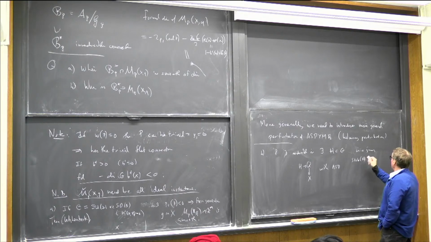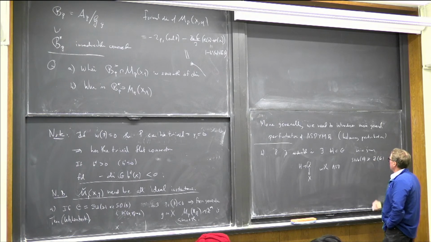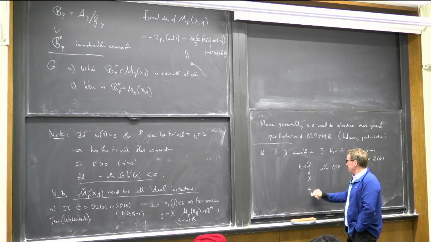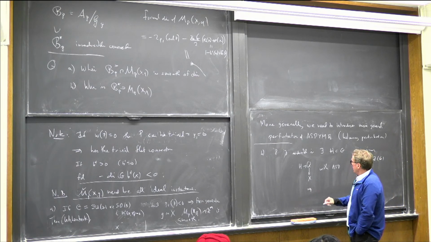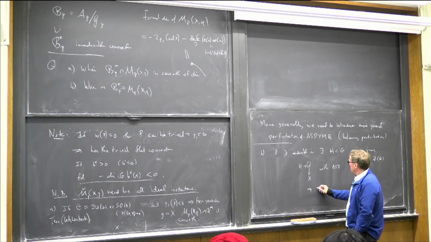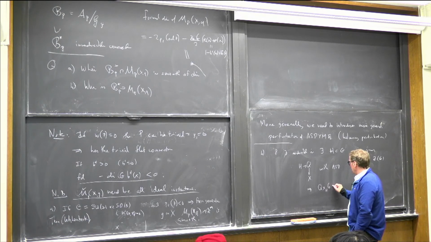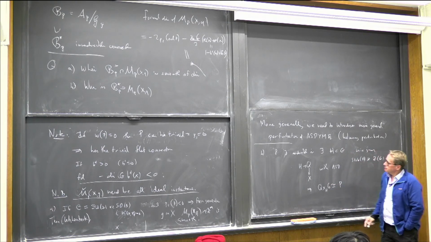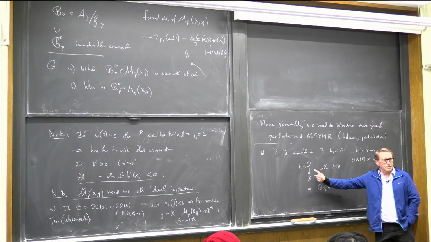So it's contained but not equal to the center of the group, with an anti-self-dual connection, so that the associated bundle is isomorphic to P.